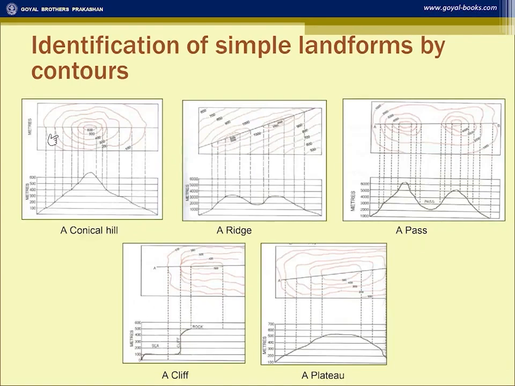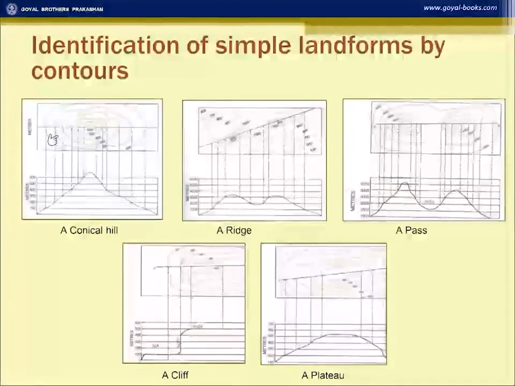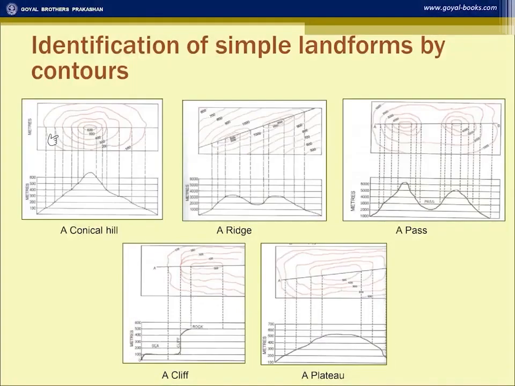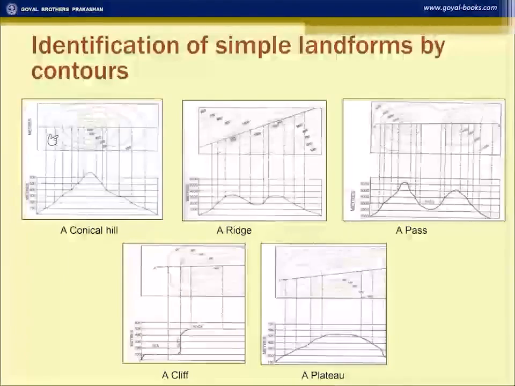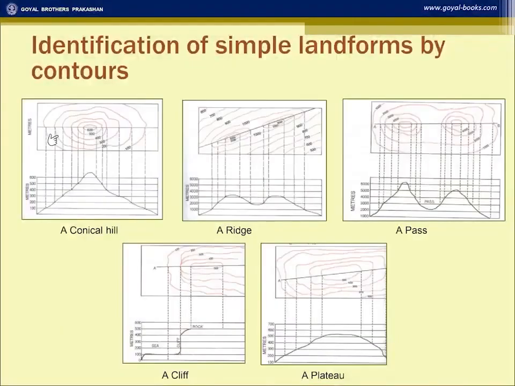Now these are some of the features represented by the contours. Now a conical hill, you can see, is shown in this manner with the height increasing as we go up. This is called a conical hill. Next comes a ridge. A ridge is a higher area which is represented by a longitudinal contour, and it divides.